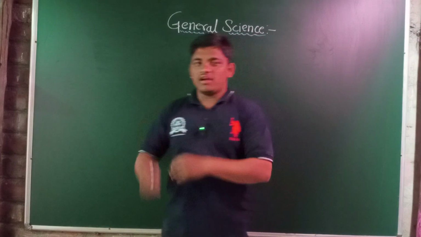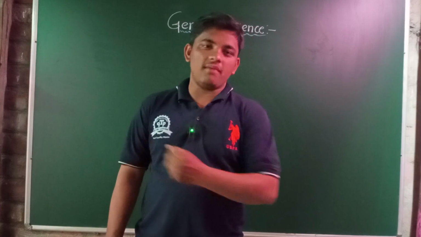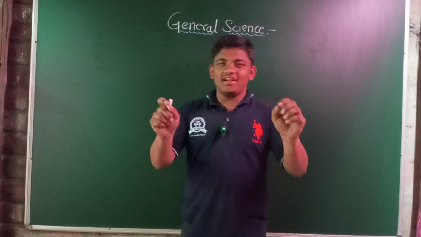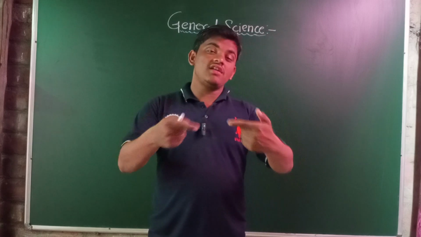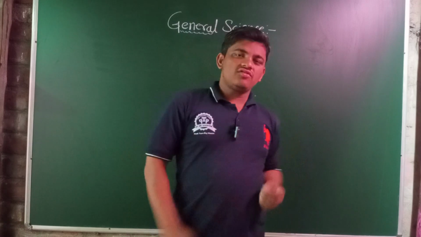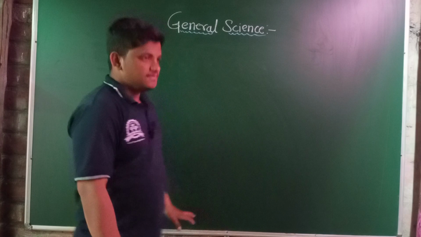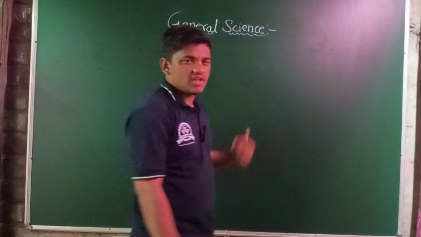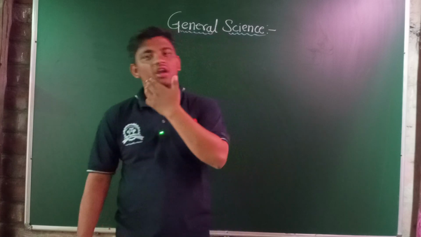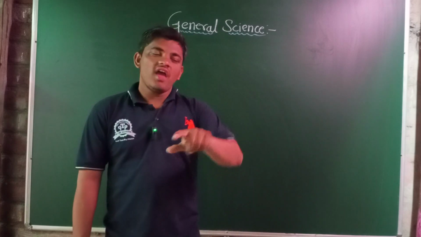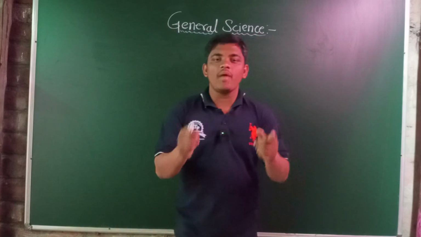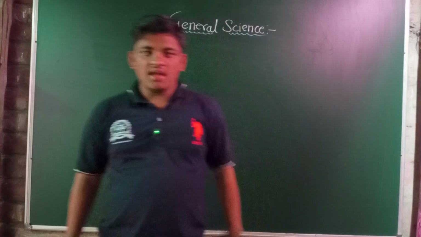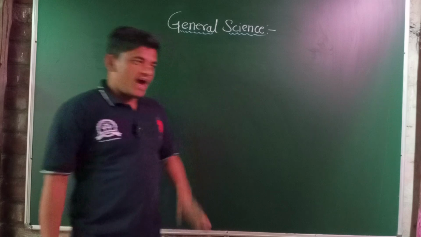Take the first object with mass m1 and the second object with mass m2, and the center to center distance between them is r, or in certain books it is d. Then the force of attraction between the objects is directly proportional to the product of their masses and inversely proportional to the square of the distance between them.